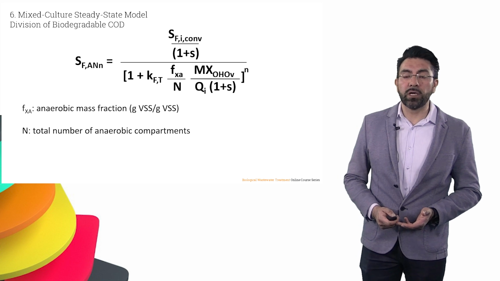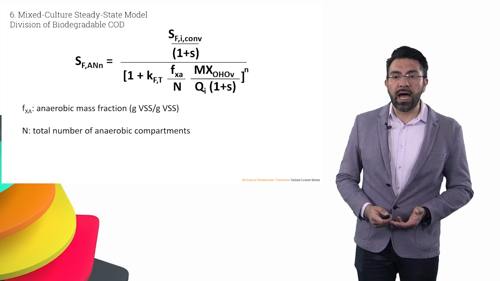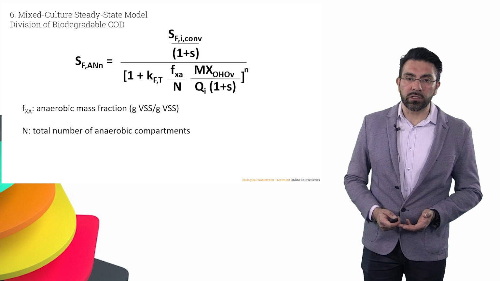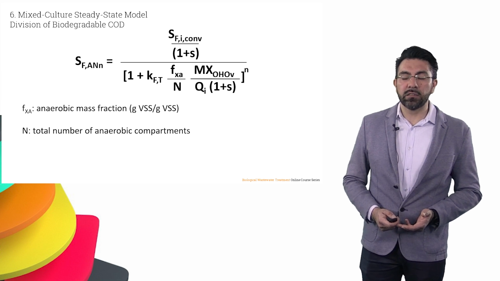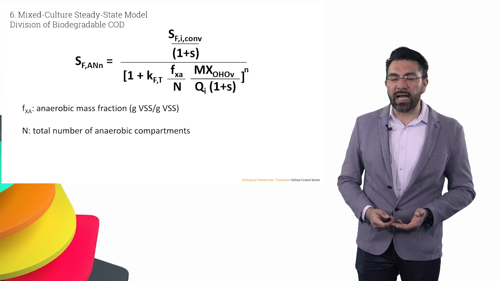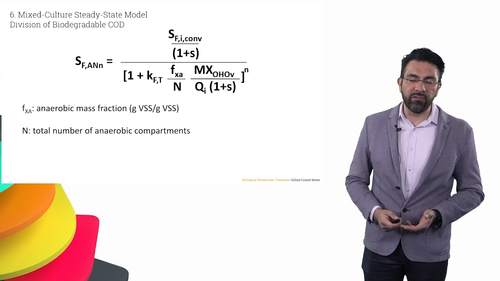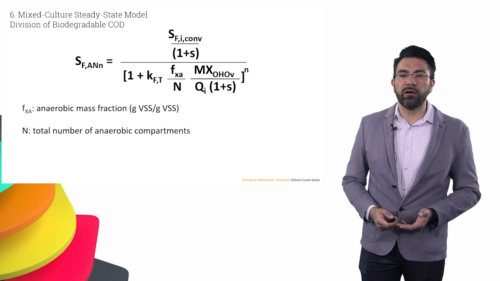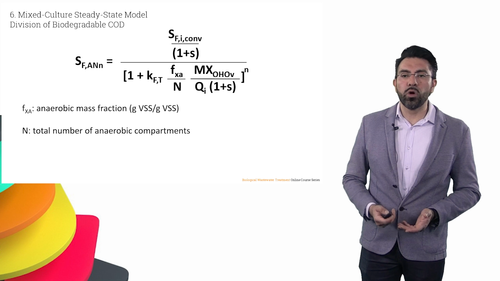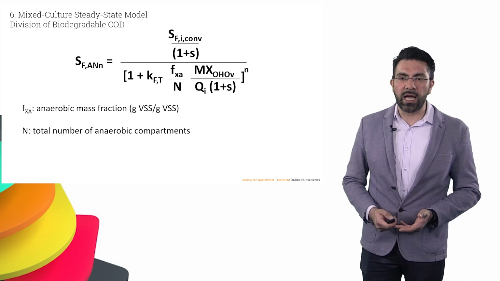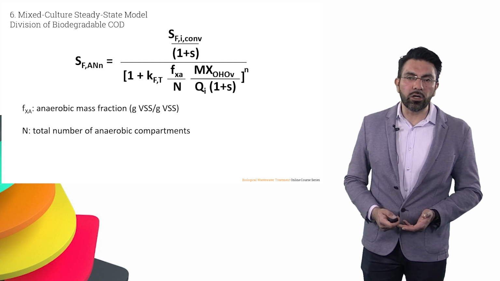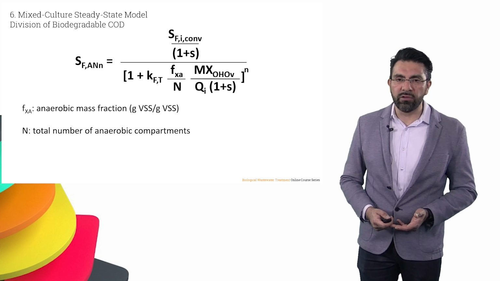This is important because most anaerobic selectors are not built as one single reactor. It has been seen that the more compartments we have, typically between 3 and 5, the better the fermentation processes.